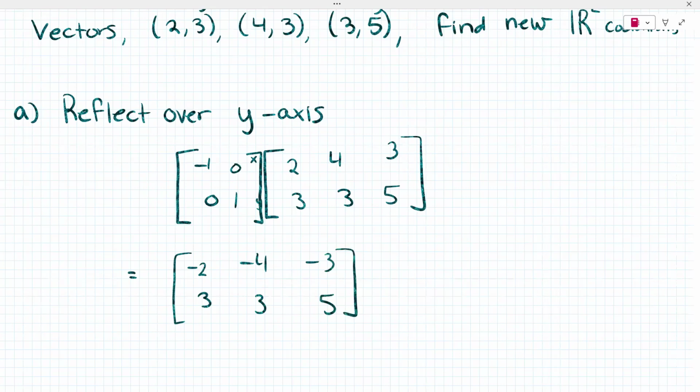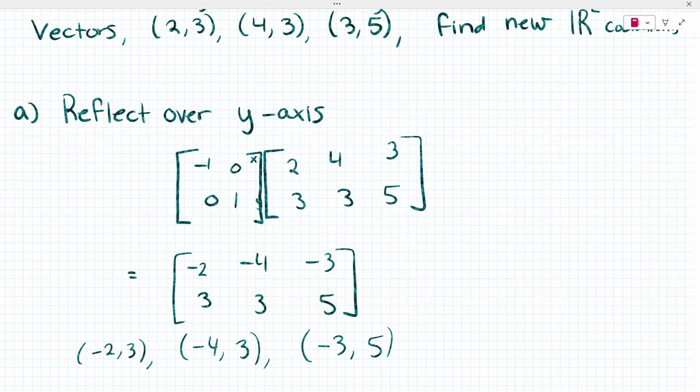This can be expressed as coordinates. Your new coordinates are (-2, 3), (-4, 3), (-3, 5). Is that true? According to the rule of reflection across the y-axis, you make the x negative.